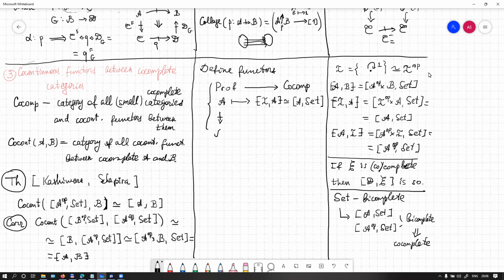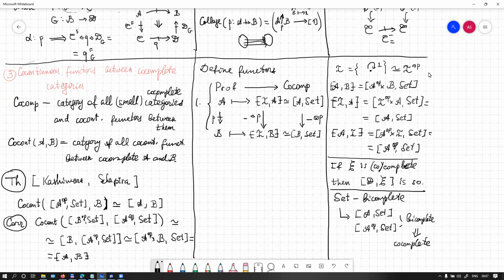And if you have a profunctor from A to B, say P, this will go to composition with P, and this is the same as tensoring our functor with P, if you unravel the definition.